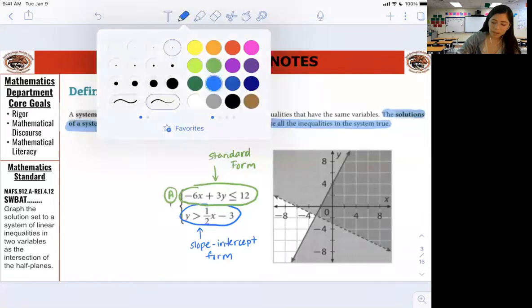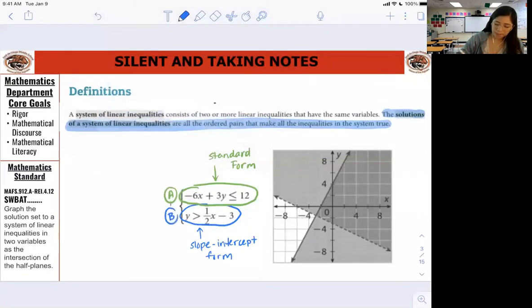And what is something I know about the blue inequality? Something about the graph that we just talked about. What is some key information I know about the graph of the blue inequality? Oh, y-intercept is -3.